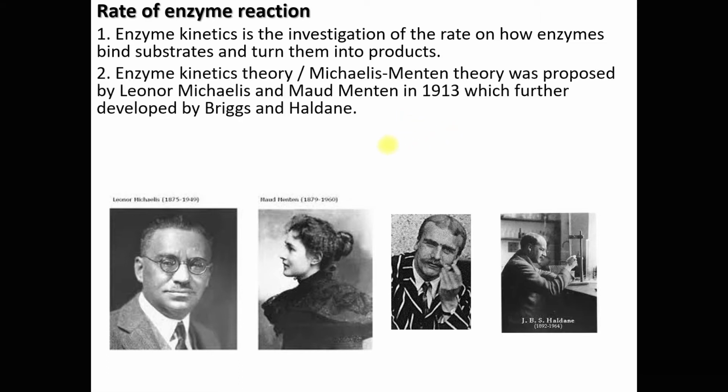Now, enzyme kinetics theory, which later on changed to Michaelis Menten theory, was proposed by Leonor Michaelis and Maud Menten back in 1913, which was further developed by Briggs and Haldane. So this is Briggs, and this is Haldane, and this is Michaelis and Menten.